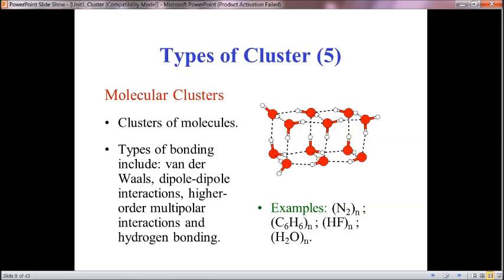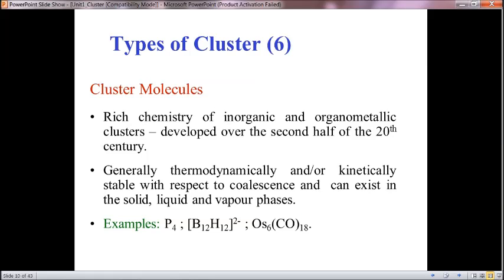Then the next type is cluster molecules. In addition to molecular clusters, there are cluster molecules, where a rich chemistry of inorganic and organometallic clusters is present, which was developed over the second half of the 20th century. They are generally thermodynamically and or kinetically stable with respect to coalescence and can exist in the solid, liquid and vapor phases.